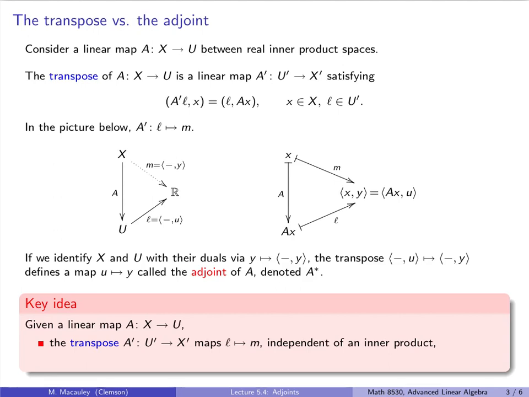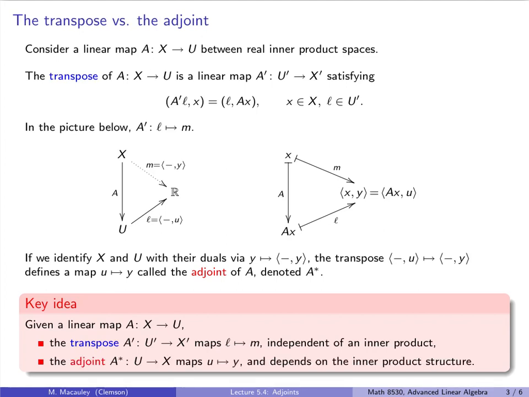The key idea here is that given a linear map A from X to U, the transpose A prime is a map between the dual spaces U prime and X prime that maps this L to this M independent of any inner product structure.